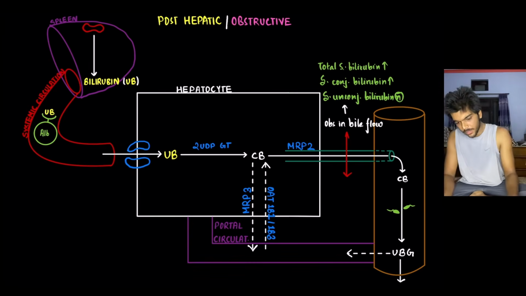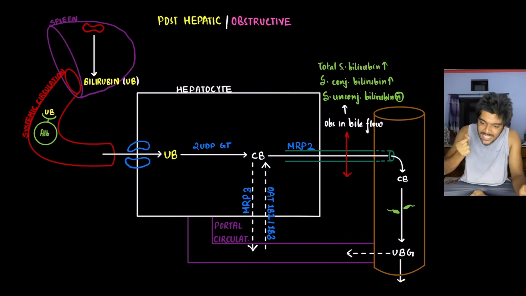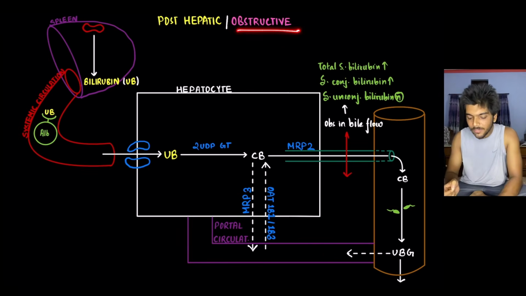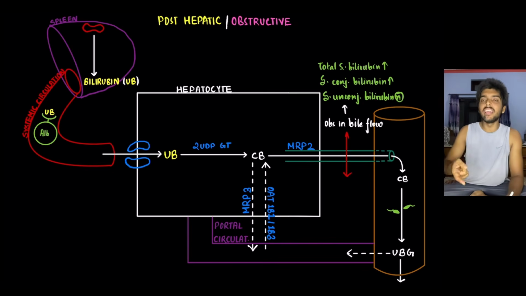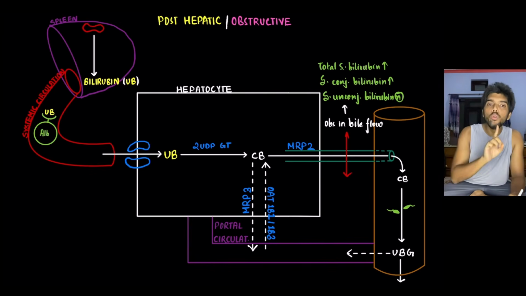Okay, so that's there. Now see, very important point. The fastest way to detect the presence of obstructive jaundice or post-hepatic jaundice or cholestasis in a patient is simply to perform a dipstick in the urine of the patient. And when you examine the urine of the patient, you will find that there is no urobilinogen in the urine. Why?